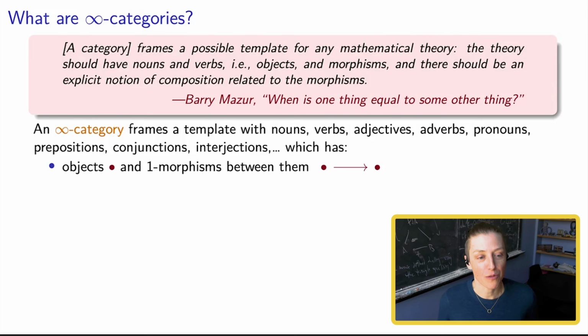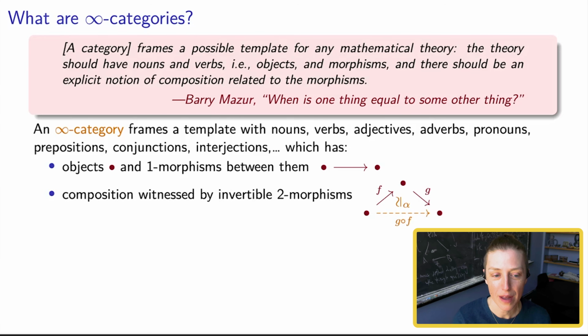But let me try to give a more precise understanding of what I mean by an infinity category. Like an ordinary category, it has objects, which we can think of as points, and one-dimensional morphisms between them. Those are the arrows that go between objects with source and target as before. But now we might think of composition as being a little more complicated.